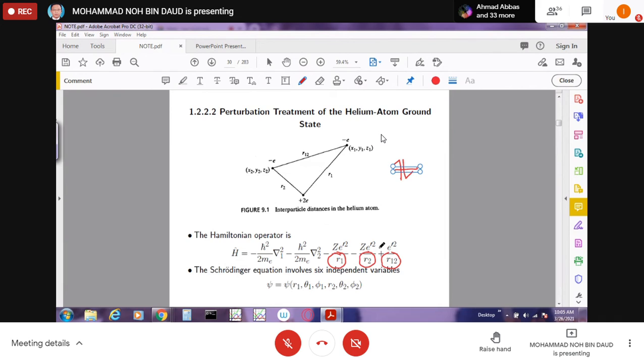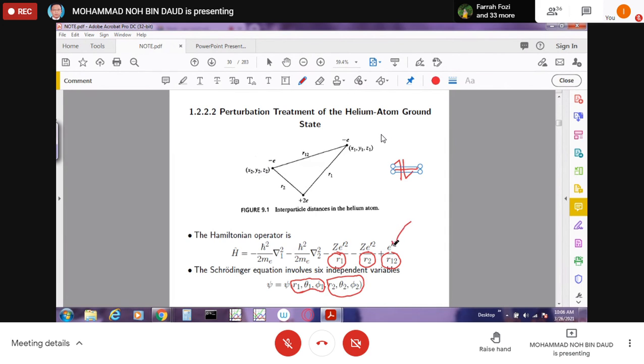Non-relativistic, because here we do not consider the interaction between electrons with velocity of electrons close to the velocity of light, due to the repulsion between these two electrons. So this is a non-relativistic Hamiltonian operator. So the wave function here is a function of these two electron coordinates in spherical polar coordinates.